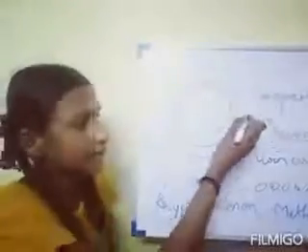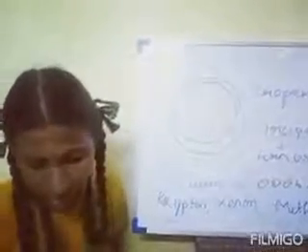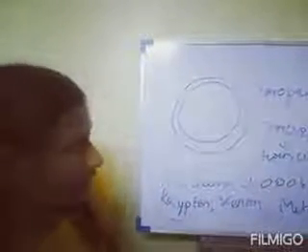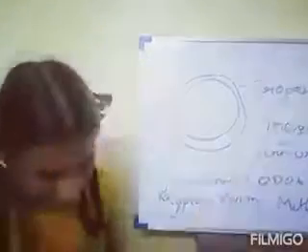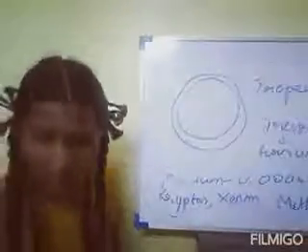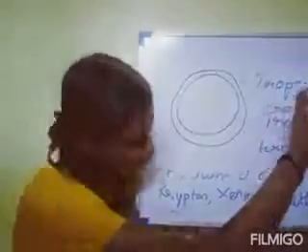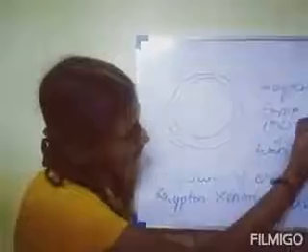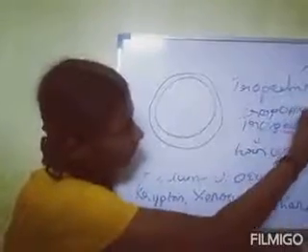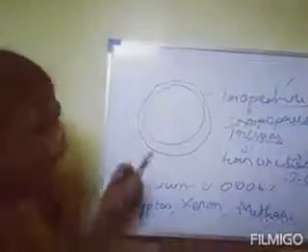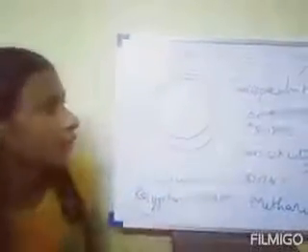The upper limit of the troposphere is called the tropopause.